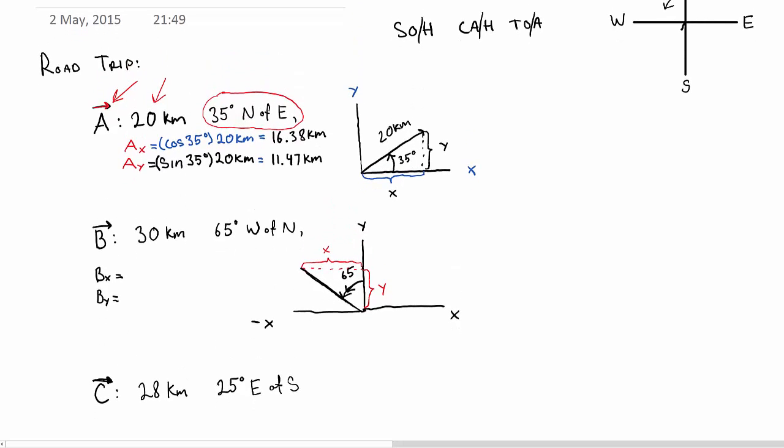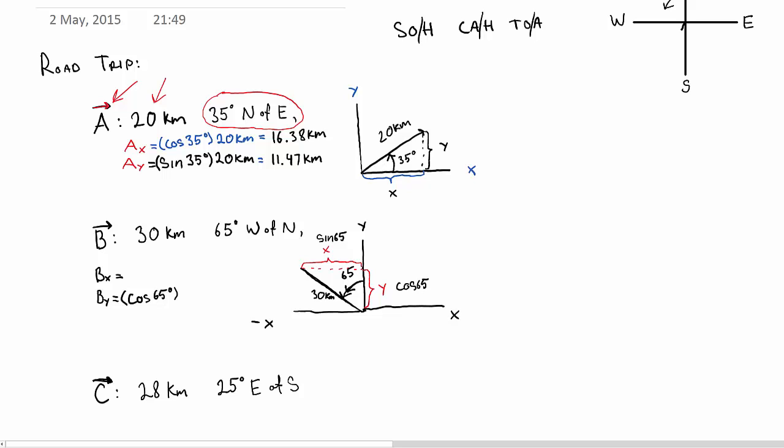We use our SOHCAHTOA once more. The hypotenuse is 30 kilometers. In this one, x is going to be adjacent to this angle, so this is cosine 65 degrees.